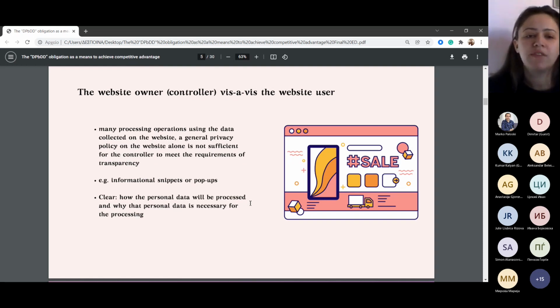We can have informational snippets or pop-ups, and it must be clear how the personal data will be processed and why the personal data is necessary for the processing. So, as I said, be clear and enable the data subject to make use of their rights. This is in general what the transparency principle is all about.